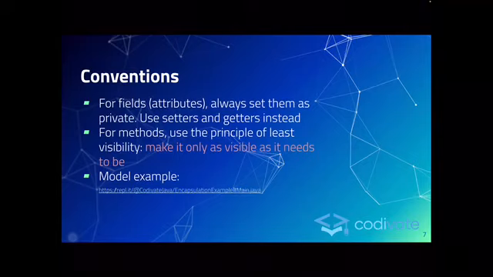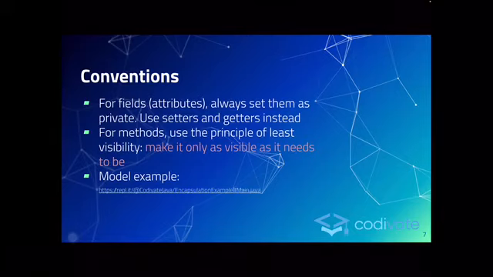So here are some conventions that you should know. For fields and attributes, specifically instance variables, you should always set them as private, and instead use setters and getters to modify or access them. For methods, you should always use the smallest visibility that you need to get done what you need to do.